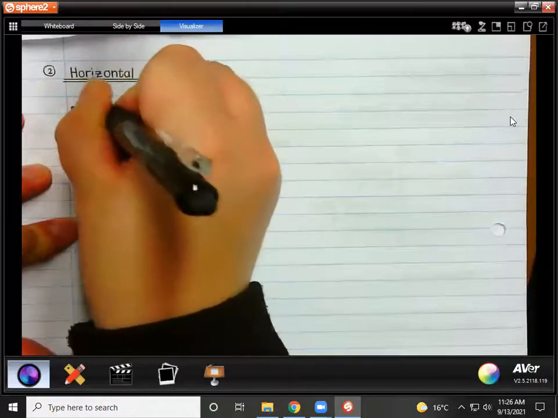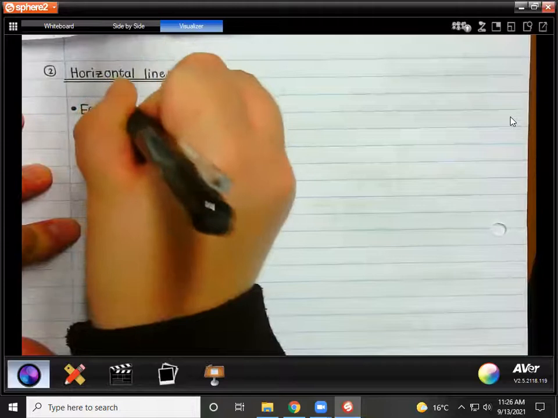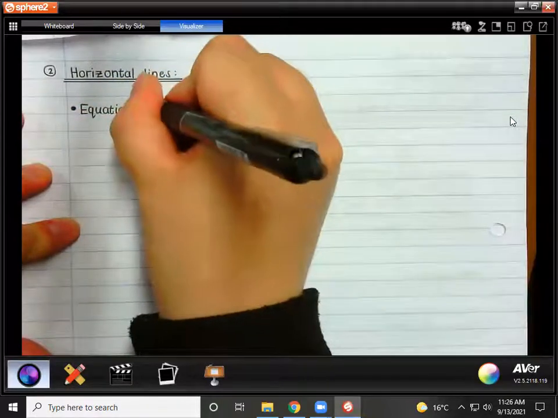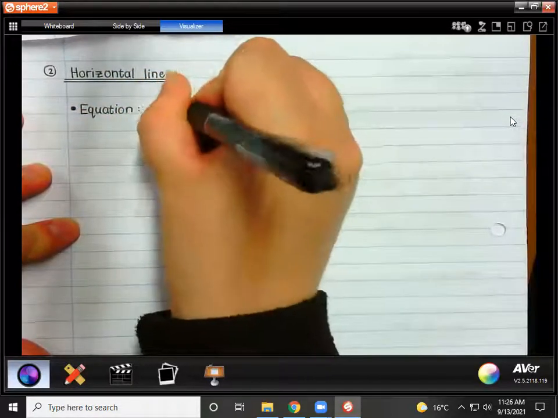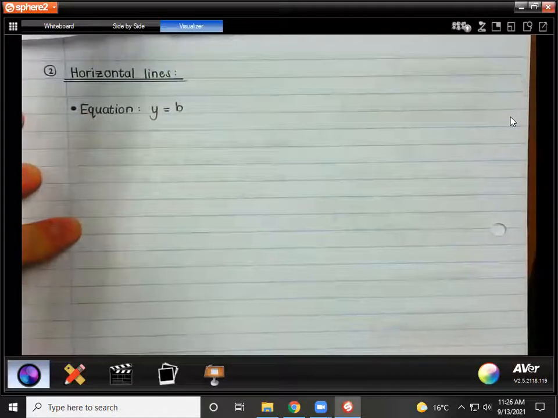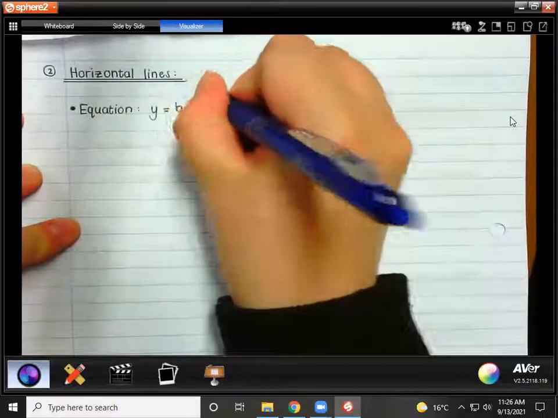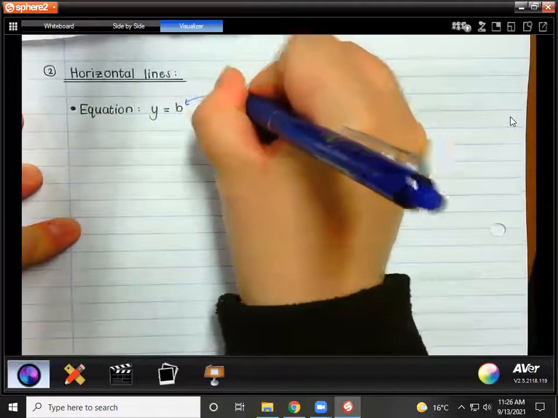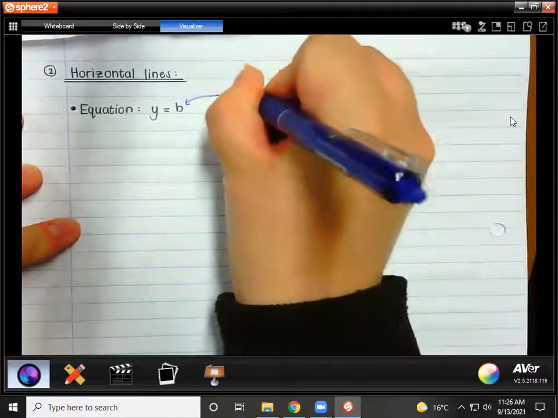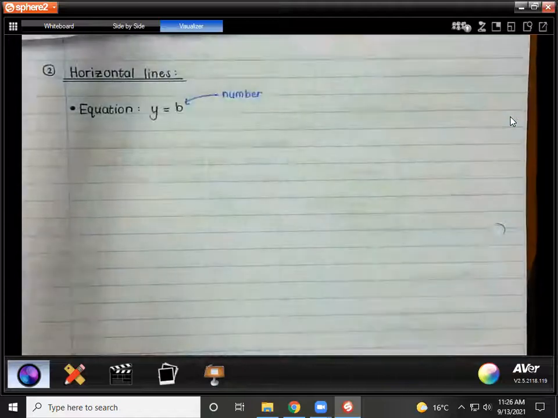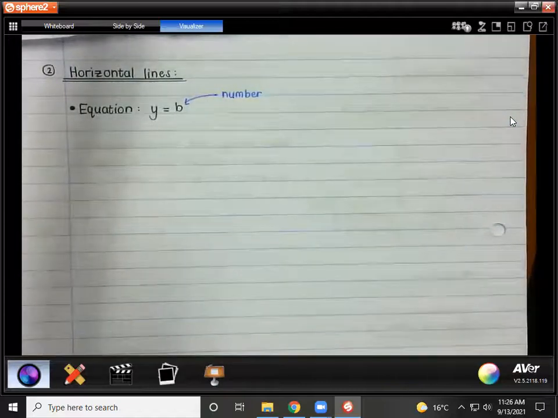Now the equation of a horizontal line will be y equals b, and b is going to be a number. So we're doing the same thing.